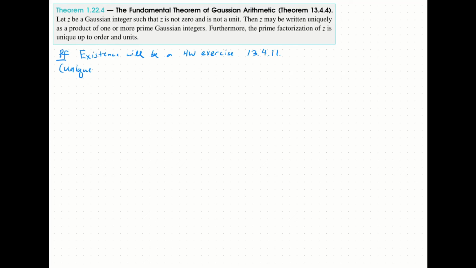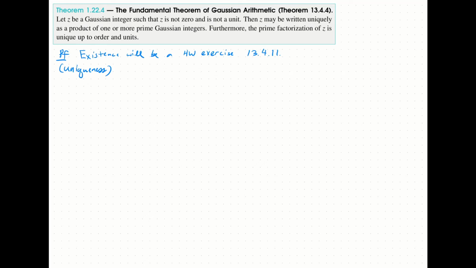And so what I'm going to do is, just as before, go back to the original proof, and we're going to copy the uniqueness portion of the proof and then bring it over. There are some things that we now have to do that we didn't have to do in the case of the integers. The fundamental theorem of Gaussian arithmetic tells us that if we have a Gaussian integer z, where z is not equal to 0 and it is not a unit, then we can write z uniquely as a product of one or more Gaussian primes.